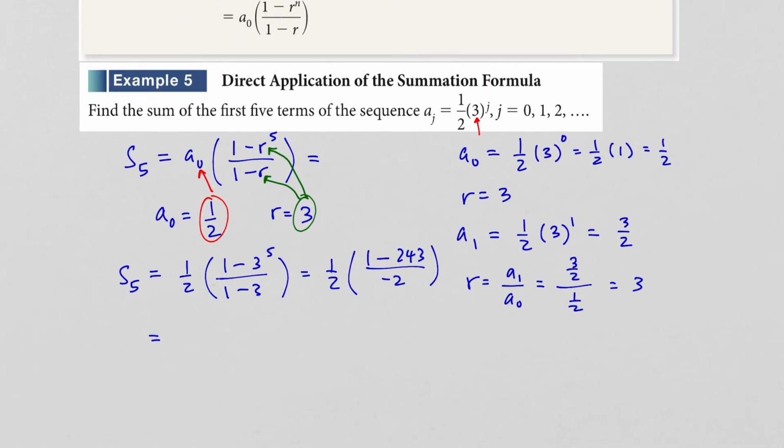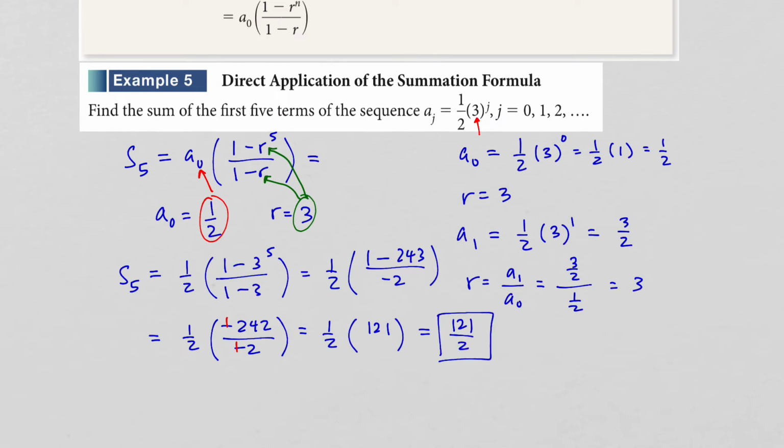And if we just do the math here, we have 1/2 times -242 divided by -2. And this is 1/2 times 2 goes into 242 121 times. And again, the negatives here are going to cancel out. And so we get 121 over 2, right? 1/2 times 121 is 121 over 2.